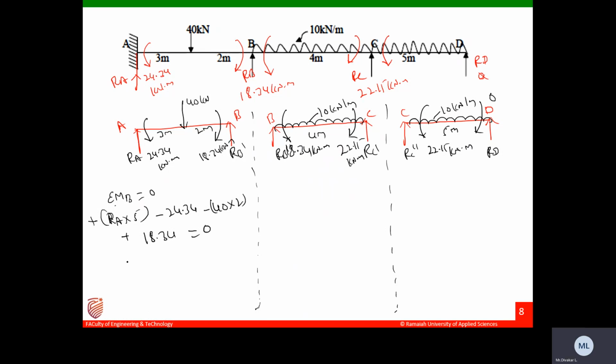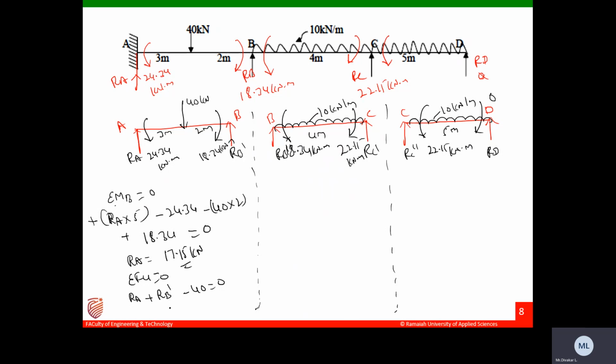Then RA equals to 17.15 kilonewtons you will get. Now use sigma Fy equals to 0: RA acting upward, RB dash acting upward, minus 40 equals to 0.